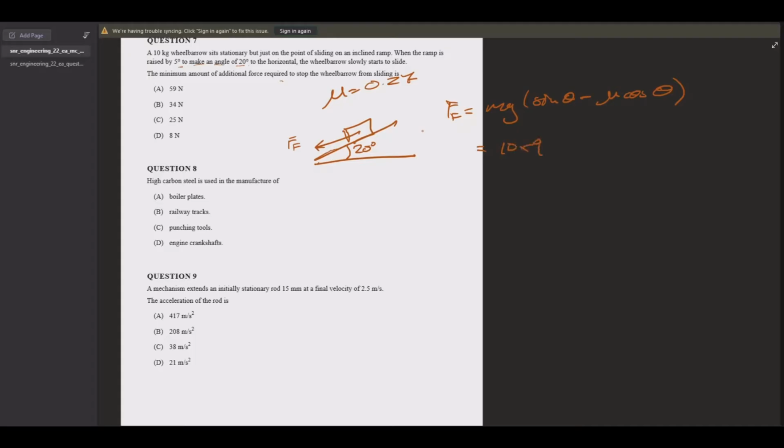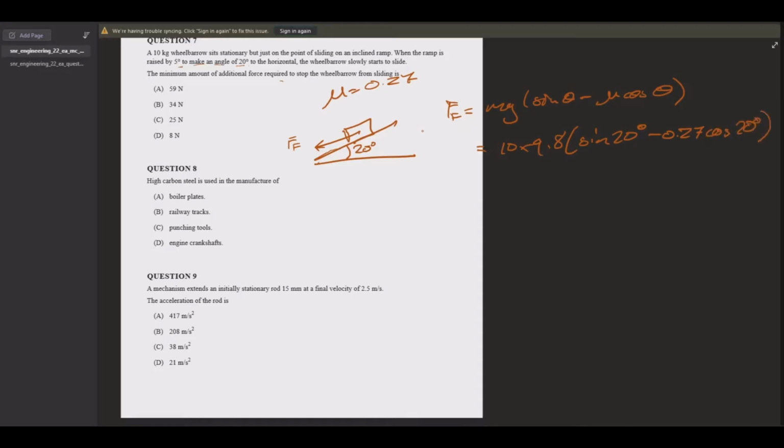Let's sub in there: 10 times 9.8 sine 20 degrees minus 0.27 cos of 20 degrees. It's going to be 8.65 newtons.